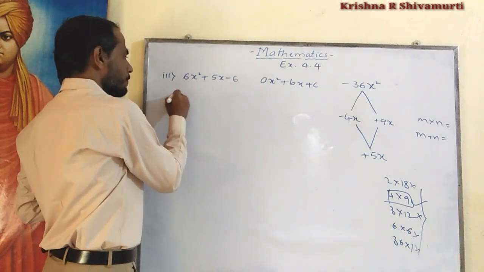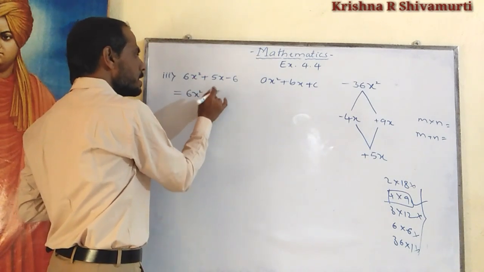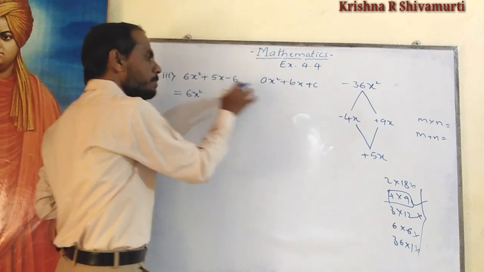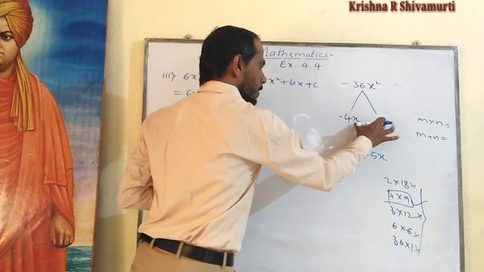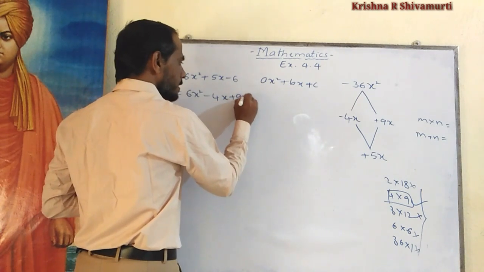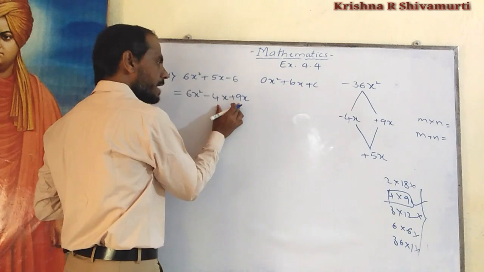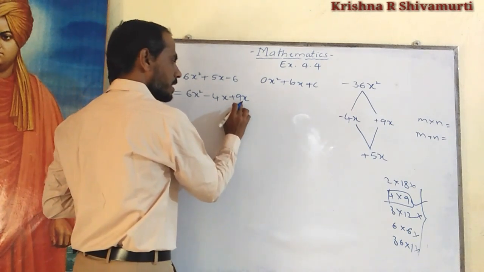Okay, what is the next step? Keep the first term as it is and write the middle term using these two numbers, minus 4x plus 9x. Instead of writing 5x, you must write minus 4x plus 9x.